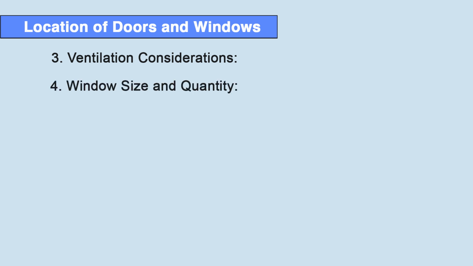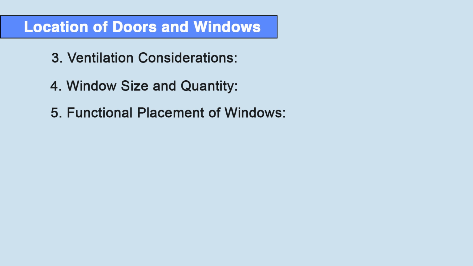Next point is window size and quantity. The size and number of windows should be determined based on critical factors such as light distribution, ventilation control and the occupant's privacy.